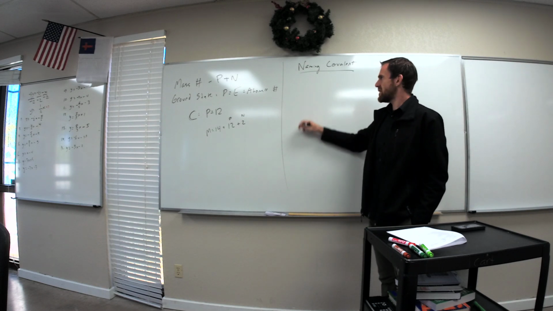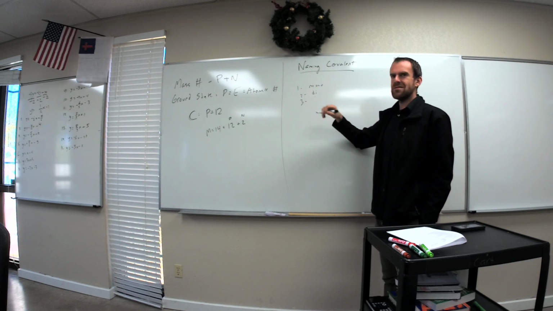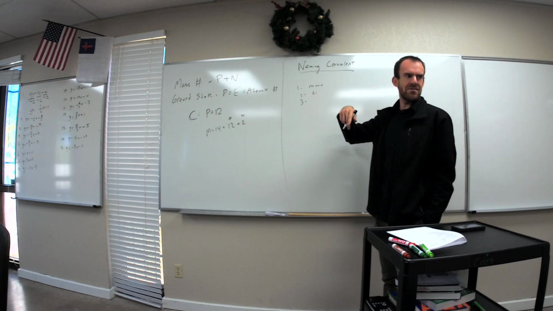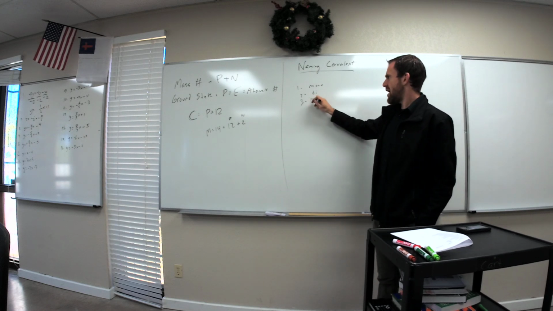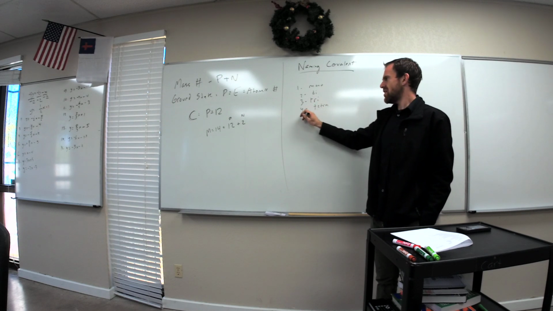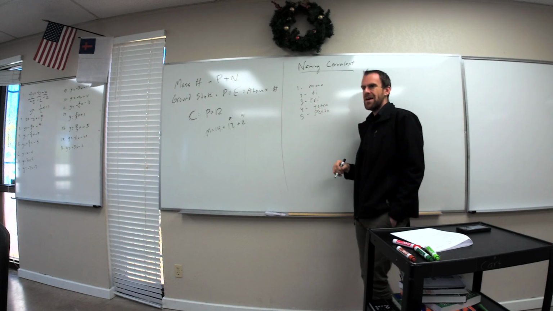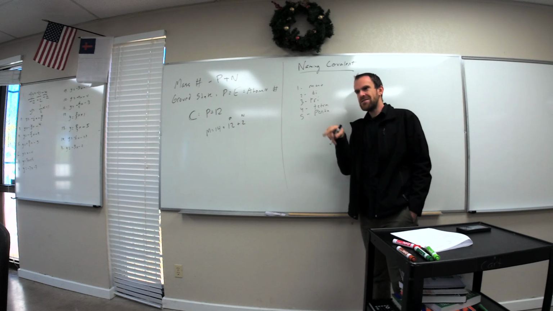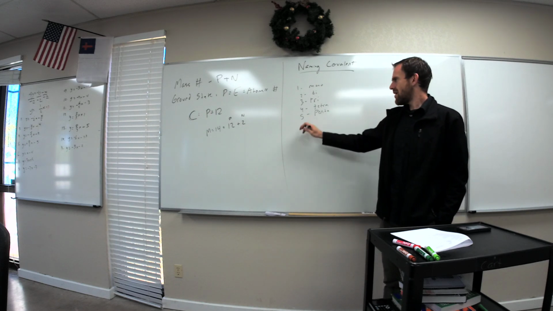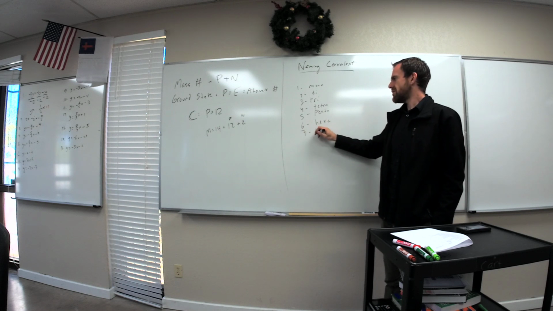What are the prefixes? 1 is mono. 2 is di. 3 is tri. 4 is tetra. 5 is penta, like Pentagon, the place with 5 sides. 6, hexa. 7, hepta.